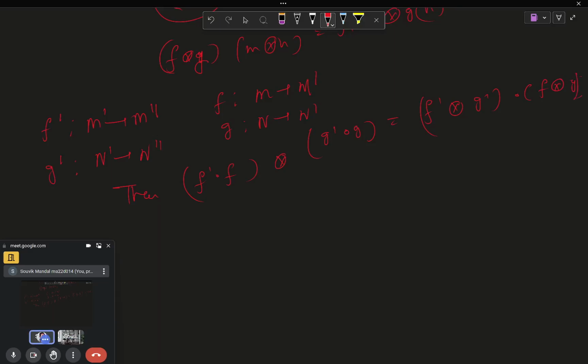Understand? So tensor of composition is composition of tensors. There is nothing much to tell about this, but keep this in mind.